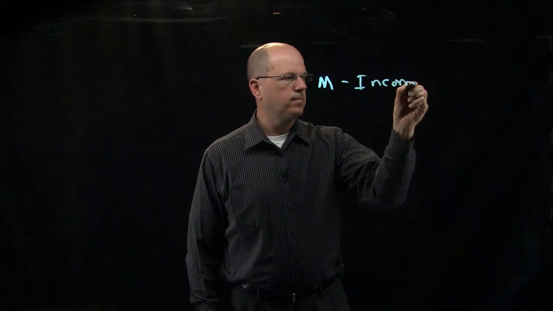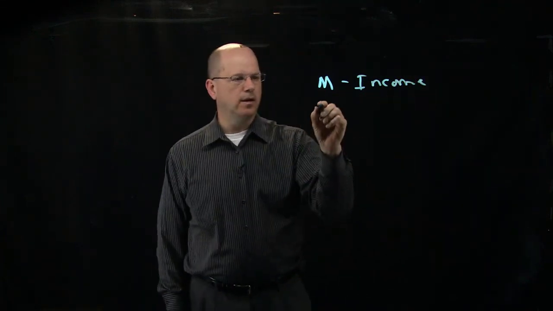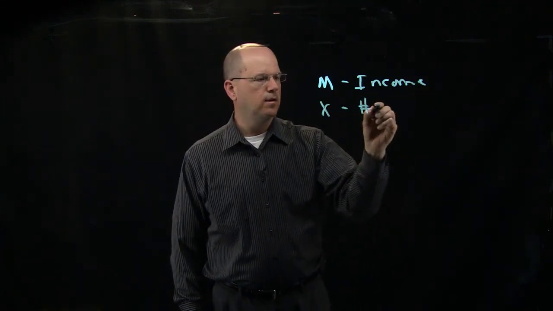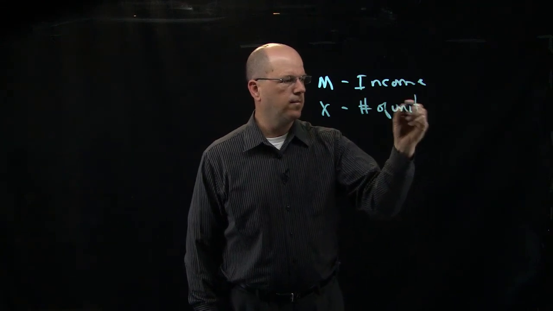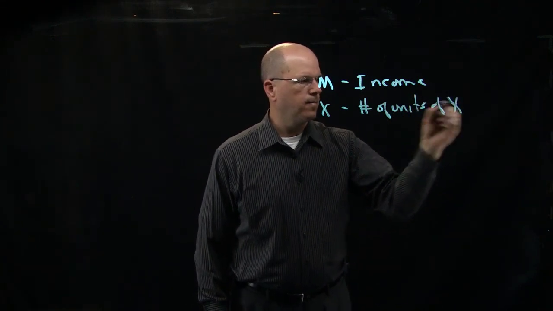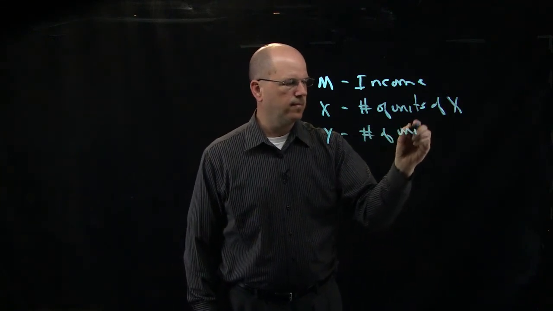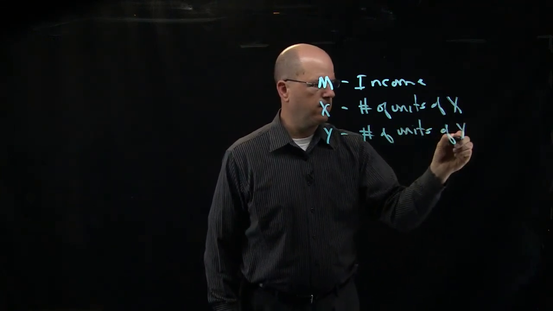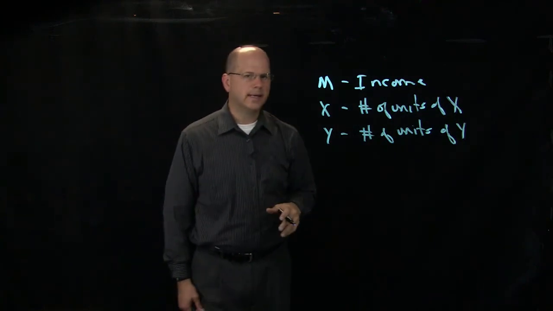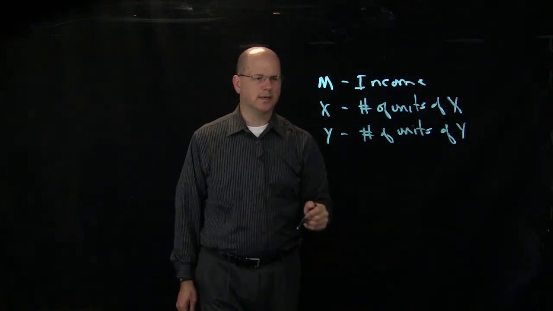And so here's the idea. We have income that we can spend on good X and good Y. And we also need two other things.